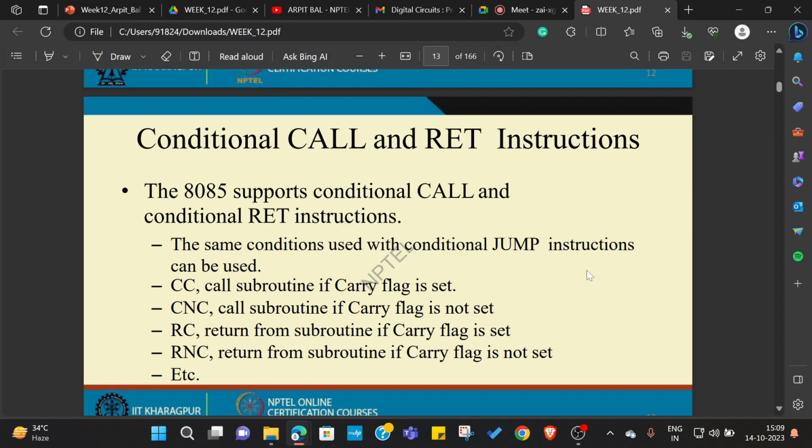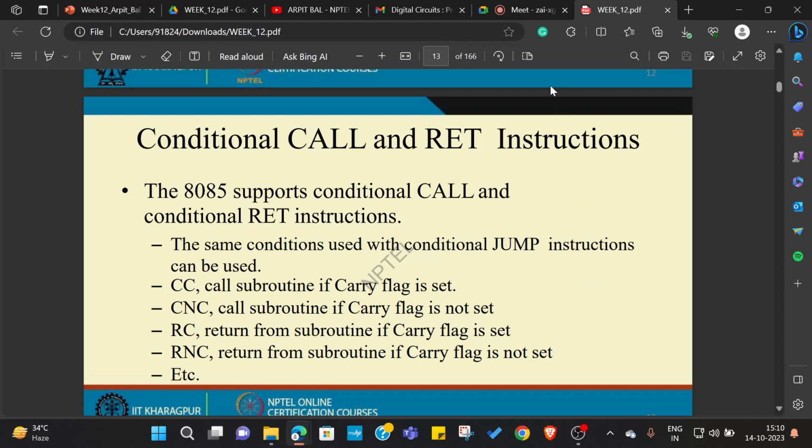Similarly, CNC is call subroutine if carry flag is not set. You remember we had a number of flags available to us, right? One of the uses of those flags was to execute the jump instructions. So here we see another example of how those flags can be used. If the carry flag is set or not set, for any kind of conditional statement, these instructions can be used.